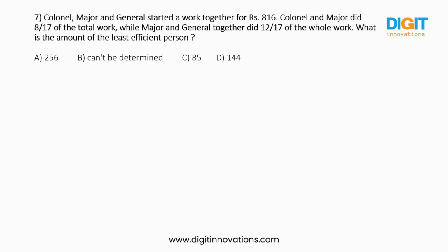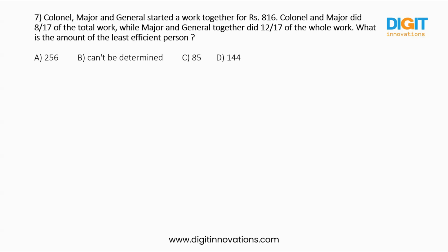So the next one is: Colonel, Major, General started a work together for 816 rupees. Colonel and Major did 8 by 17 of the total work, while Major and General together did 12 by 17 of the whole work. What is the amount of the least efficient person?